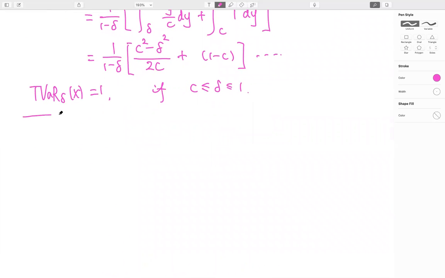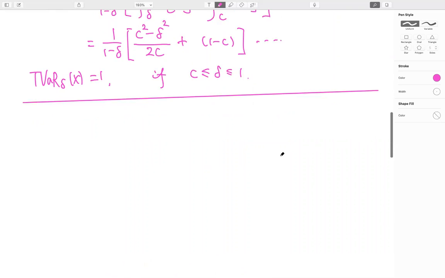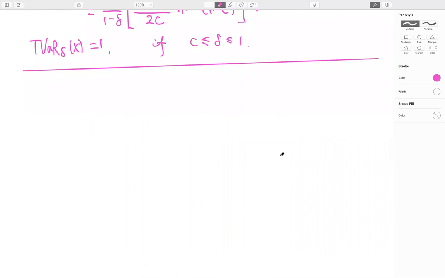So here we end this example. Here, let's take a look at, I think we can do, what do we have?